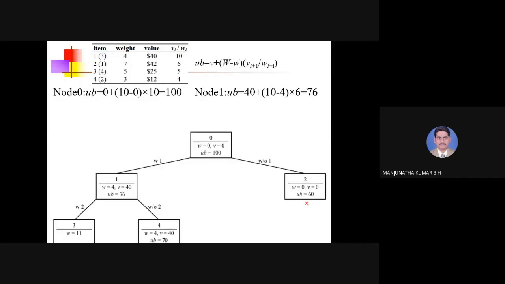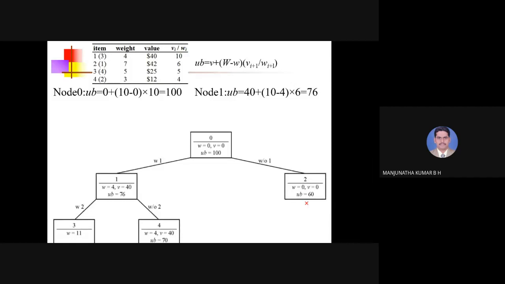Now let me move on to the next level. Now I am going to explore the root node. This root node can be explored by considering two choices. One is by placing item 1 in the knapsack, or without placing the item into the knapsack.